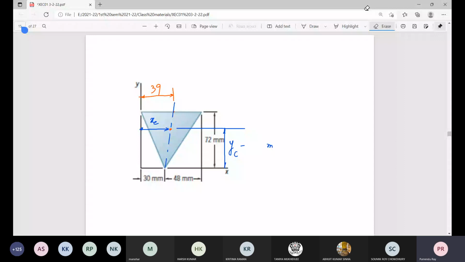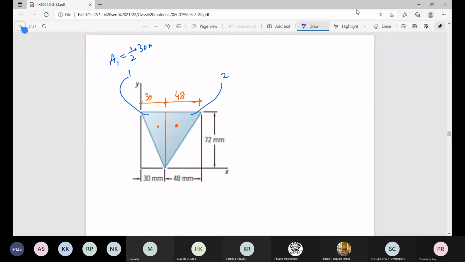Now the area for element 1 is half multiplied by base, that is 30, multiplied by, what about the height? 72. And the area of element 2 is half multiplied by 48 multiplied by 72. This is C1. This is C2.